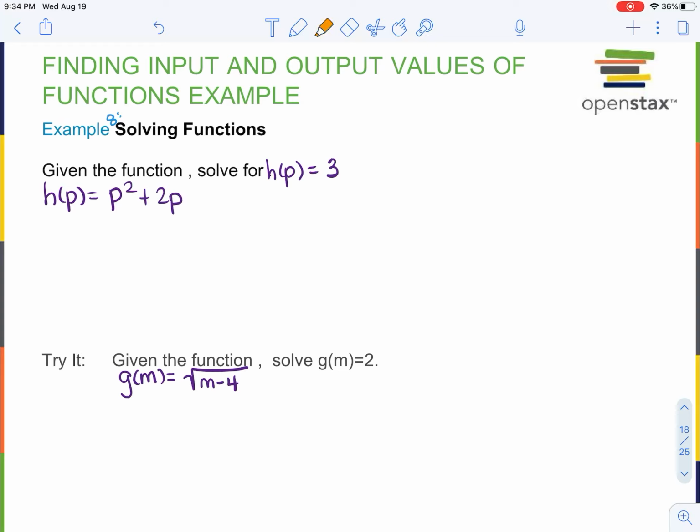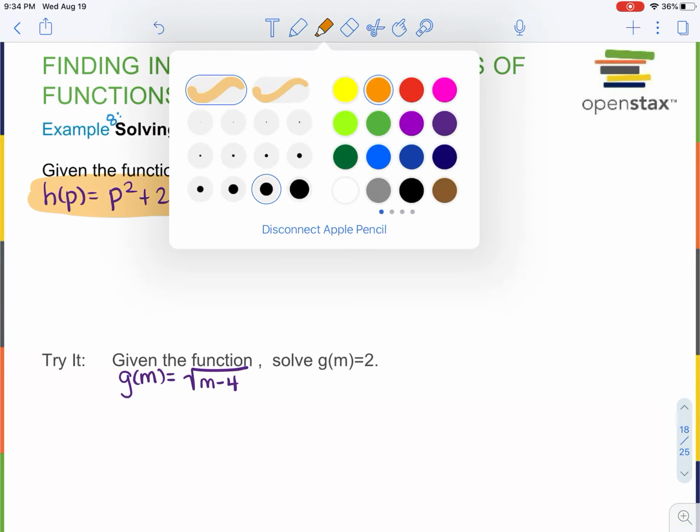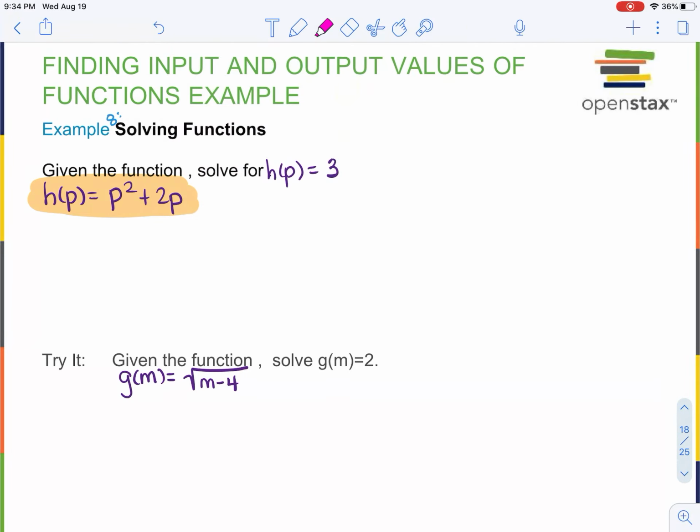In this case, we have h of p, which is p squared plus 2p, and we are substituting in 3 for h of p. We're not substituting it in for p, we're substituting in for h of p.